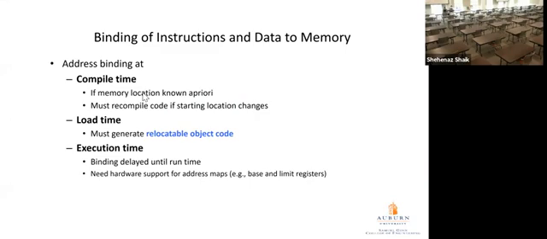And if for whatever reason we are unable to load the program later on during execution starting from the same physical memory location, then because we have the physical addresses as part of the object code, we need to recompile the entire code if we want to eventually load the program at a different location in physical memory. So that is one of the limitations with this particular approach.